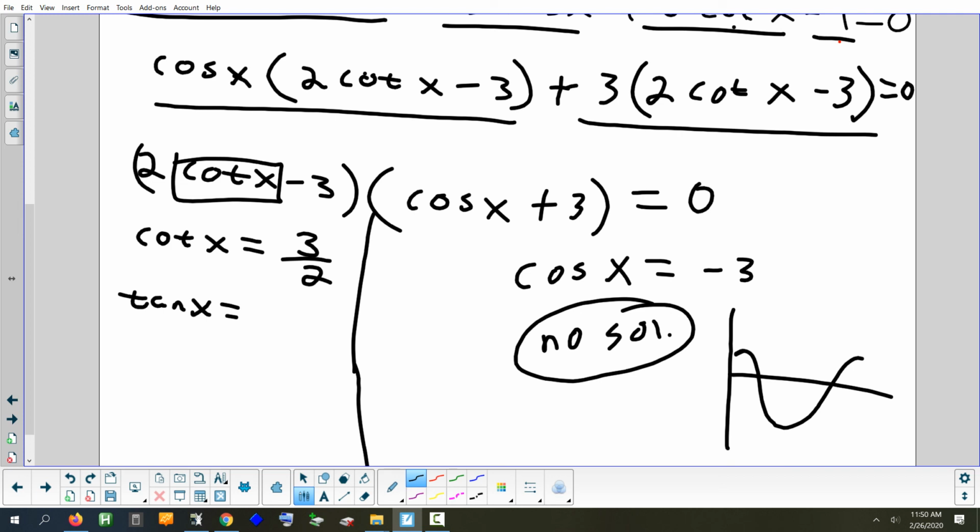Which is basically does what to it? It just flips it. So if I tell you the cotangent is 3 over 2, then that means the tangent is 2 over 3. So that's a little trick I don't think we had seen in any problem yet. But you don't have an inverse cotangent button, but you do have an inverse tangent button, and now you're good.